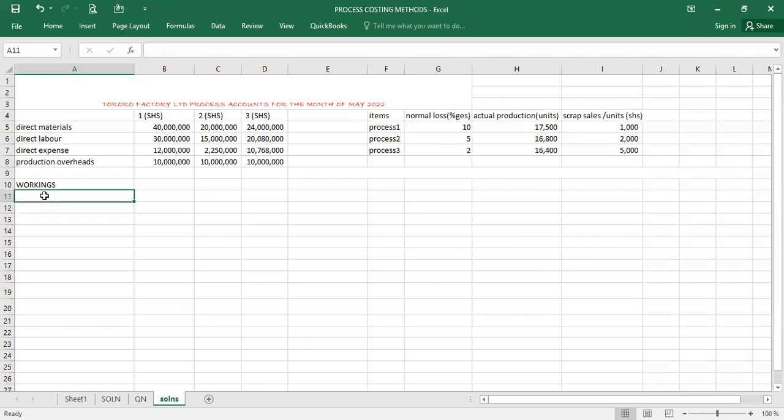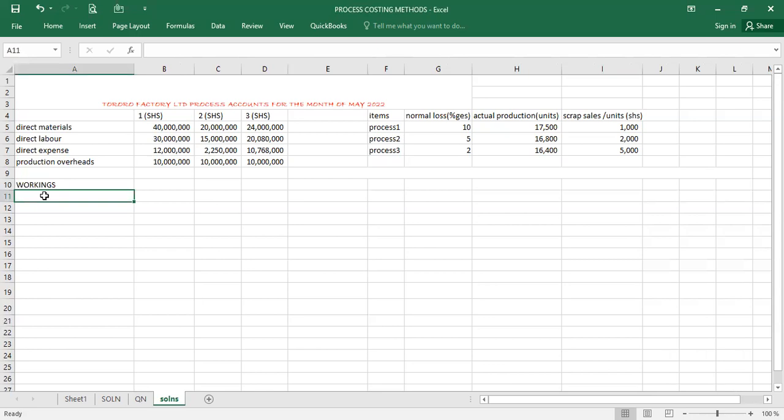If you are to compute this process account, there are certain steps we have to follow to make sure we get the right answers.